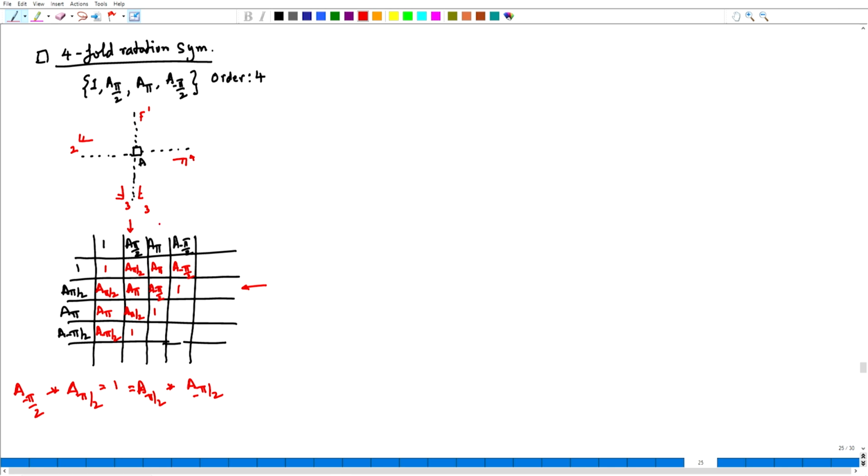And then if I look at this column now, a pi, a minus pi by 2, 1, what is left is a pi by 2. And this way we can fill the rest. This is a pi by 2, and finally out here is a pi. So, our group multiplication table is filled.